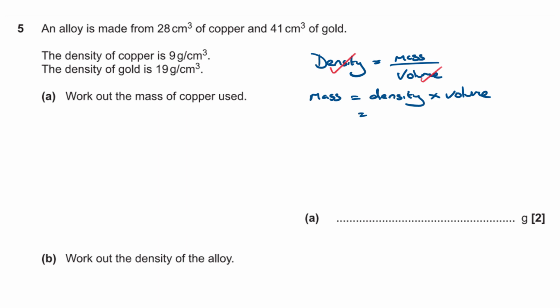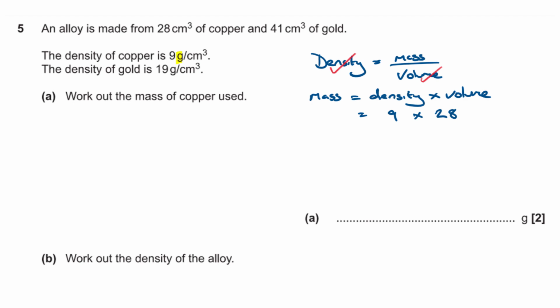Okay, so my density of copper is 9 grams per cubic centimeter. My volume is 28 centimeters cubed. It's a good idea just to check you've got consistent units when you're doing these sort of things.